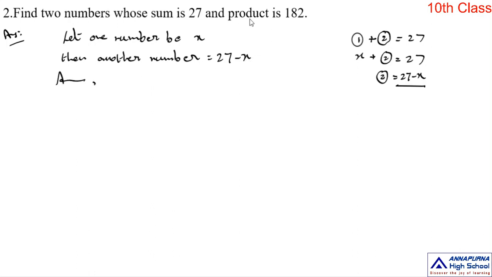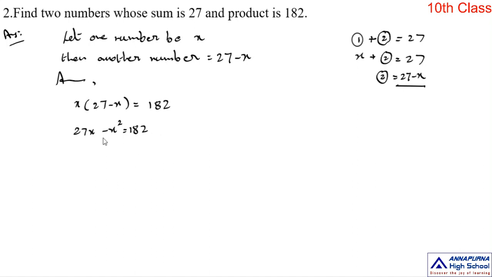And according to the question, their product is 182. So the product of these two numbers means x into 27 minus x is equal to 182. So 27x minus x square is equal to 182.